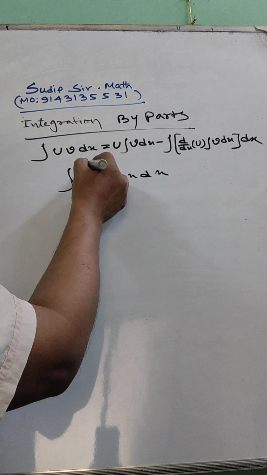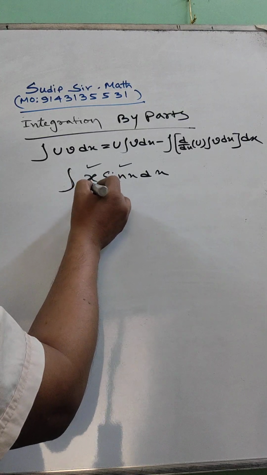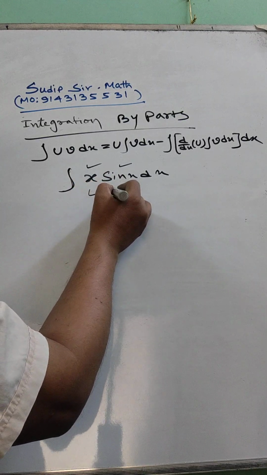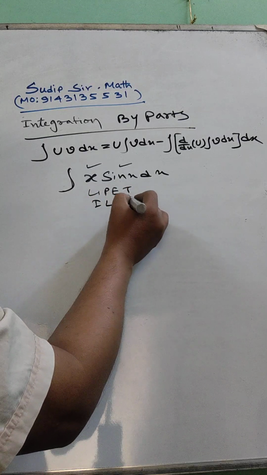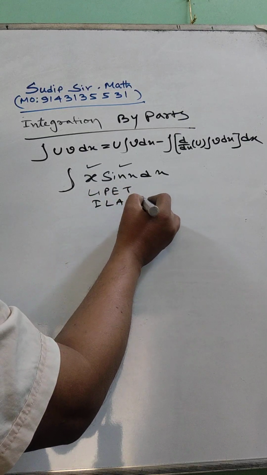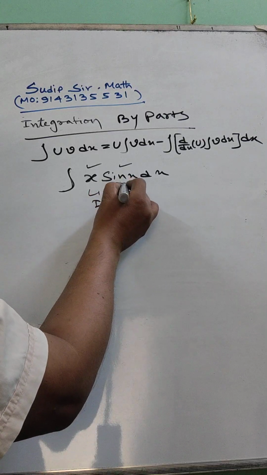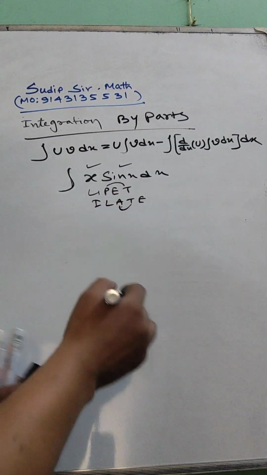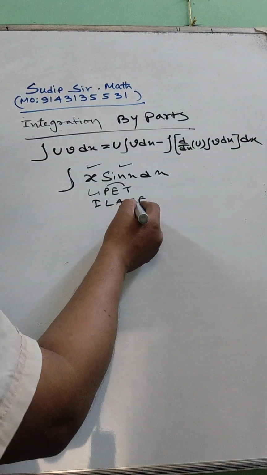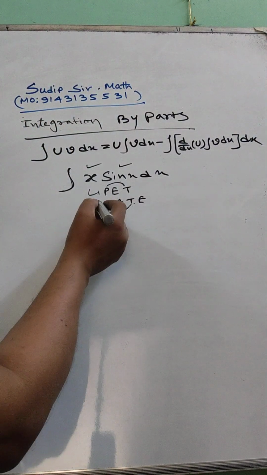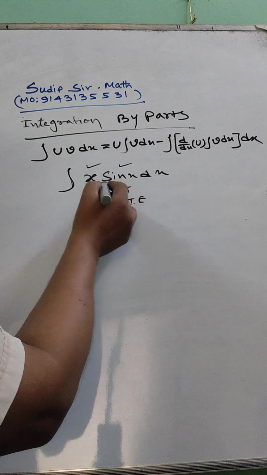So this will be U and this will be V. Use LIATE or ILATE. After algebra or polynomial it is trigonometric, so both you can use to check.